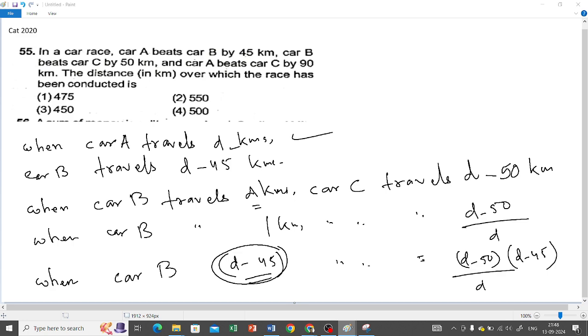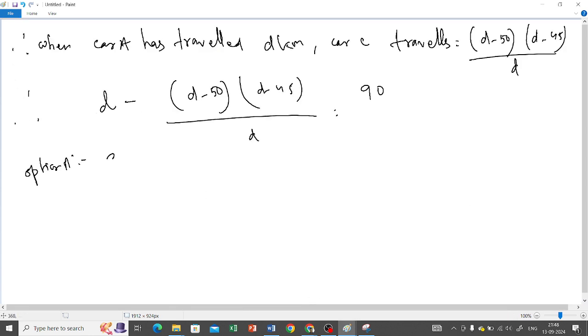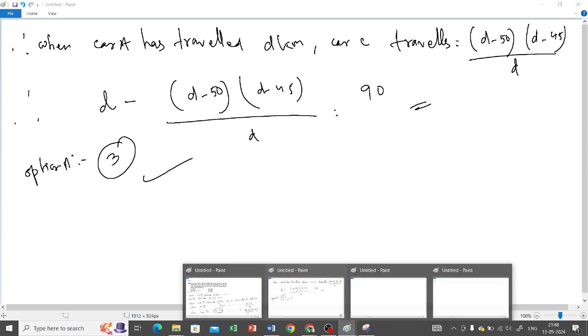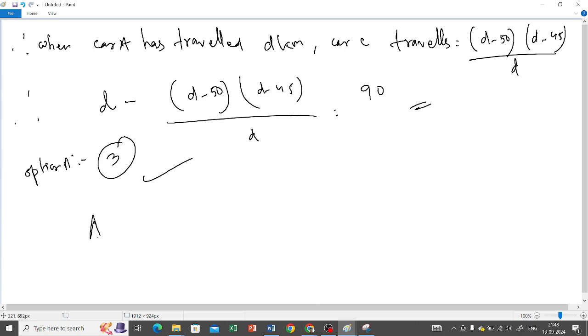I am directly telling the answer for time constraint. You will see that option number 3 will satisfy this equation. So the answer is option 3.